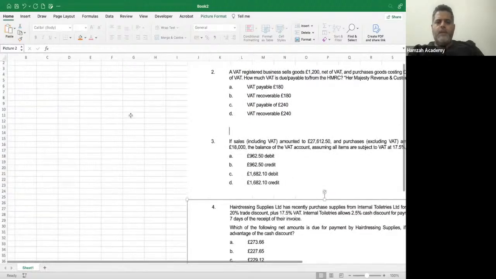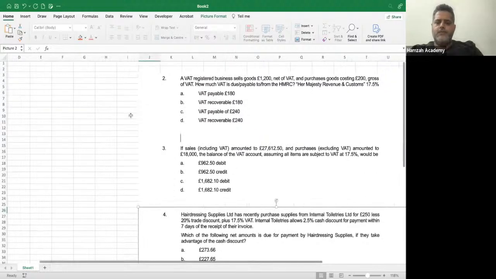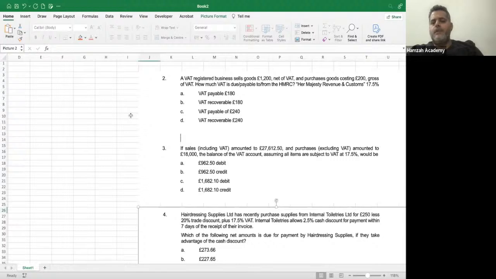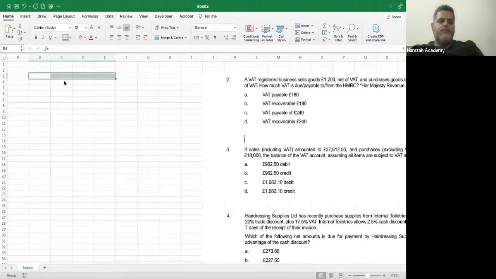Okay. Now it says a VAT registered business sells goods 1200 net of VAT and purchases goods costing 200 gross of VAT. How much VAT is due or payable from the HMRC? That is Her Majesty's Revenue and Customs, and the tax is at 17.5%, right? So what we're going to do is create a T account over here.